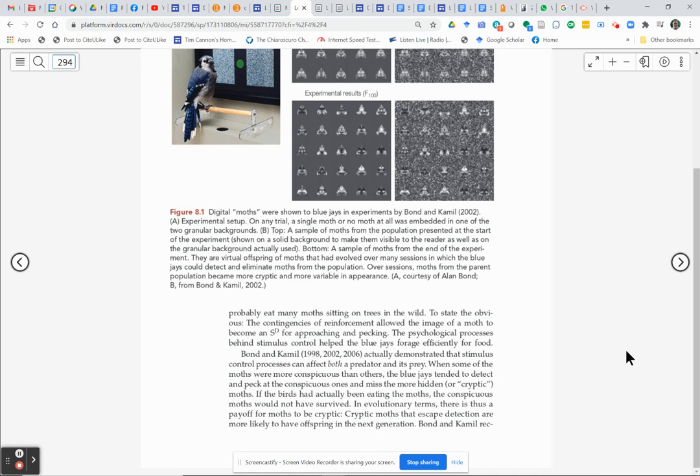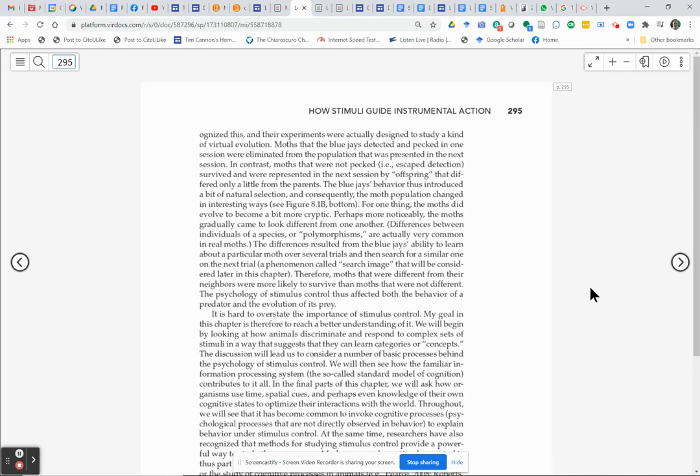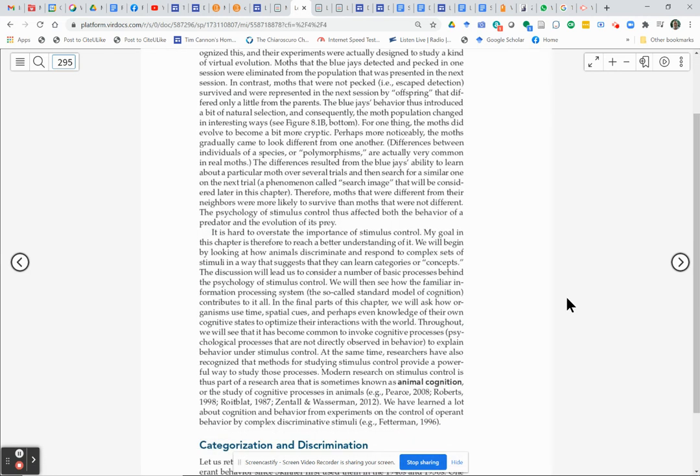And there's cryptic moths because they blend in. In a sense, it's not their choice; they just blend in. And polymorphisms. This is all pretty familiar, largely from the last chapter.